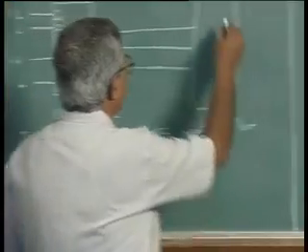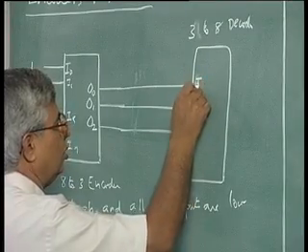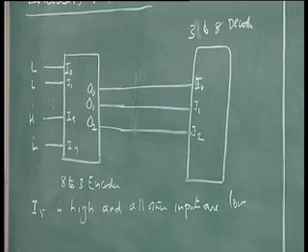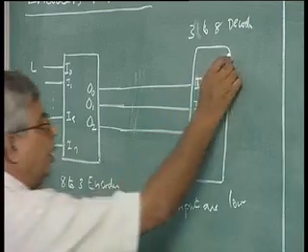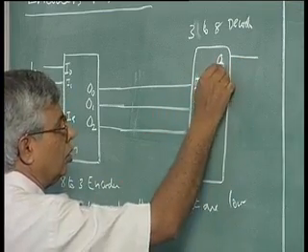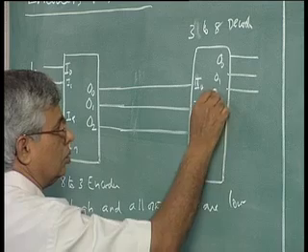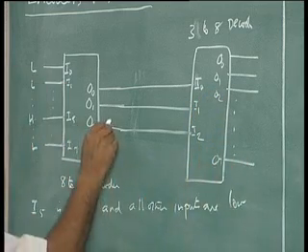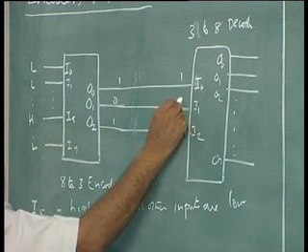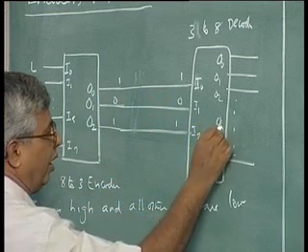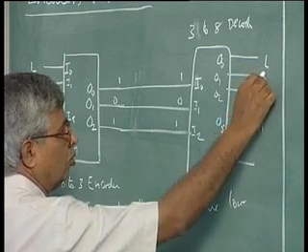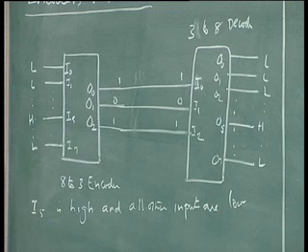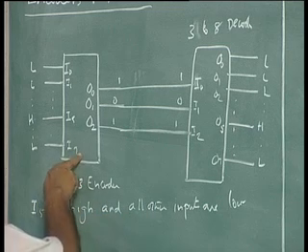So, I can have again I0, I1, I2, lowest order to highest order bits, and then I can have here O0, O1, O2, up to O7. Now this 101 goes in, making O5 high, all others low. This is a decoding operation. This is an encoding operation, this is a decoding operation.